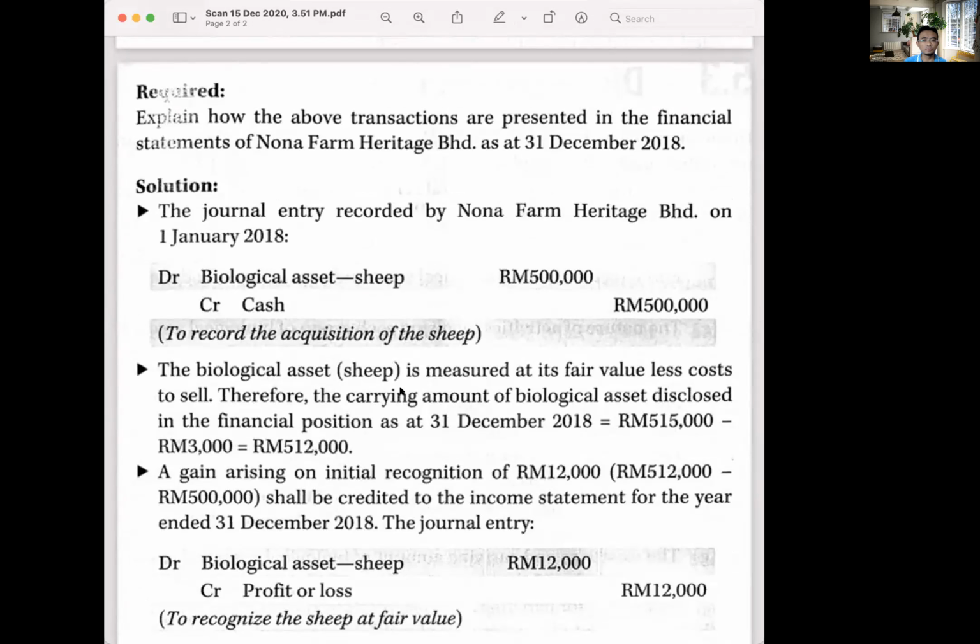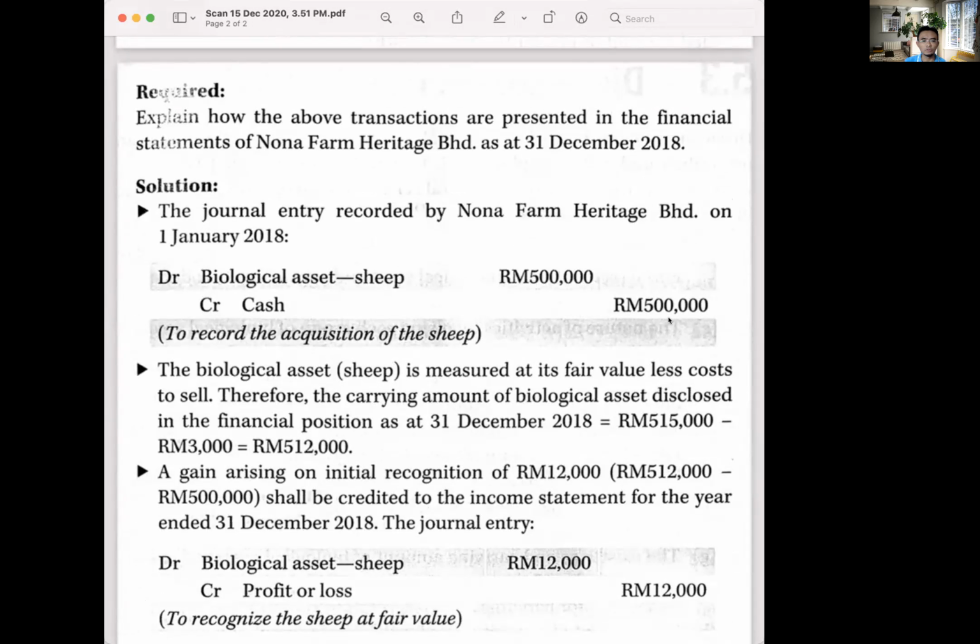So the journal entry to be recorded on 1st January is debit biological asset 500,000, and credit cash or payable 500,000. And the biological asset is measured at its fair value less cost to sell.